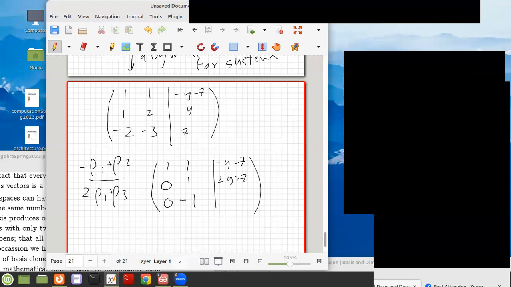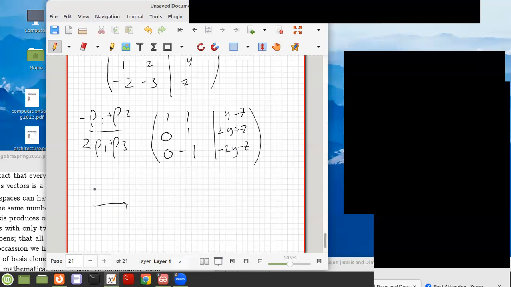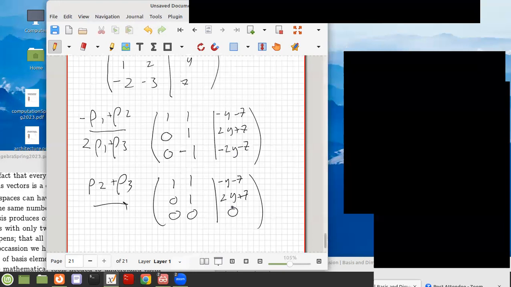And then this would be minus 2y minus 2z plus z, which is minus z. And then the last one I could do would be row 2 plus row 3 to get 1, 1, minus y minus z, 0, 1, 2y plus z, and then 0, 0, and this is 0, right?